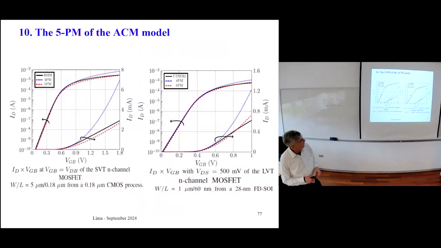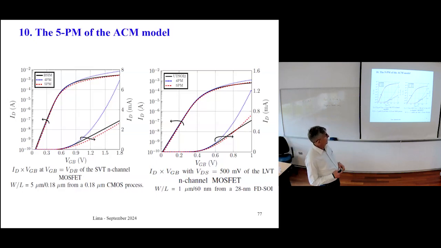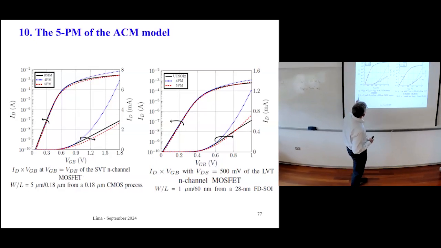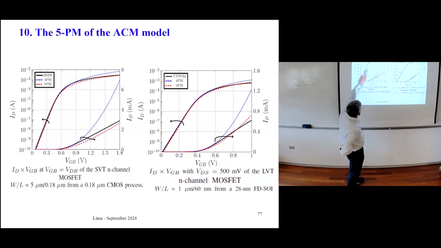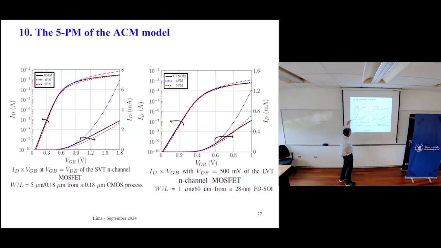But let's move to some examples. Now this effect is important because you can see here some simulation curves in terms of the gate to bulk voltage. And you see that for high gate to bulk voltage, when the current increases a lot, you have a huge difference between these blue lines, which is the four-parameter model that does not include the effect of the saturation velocity.